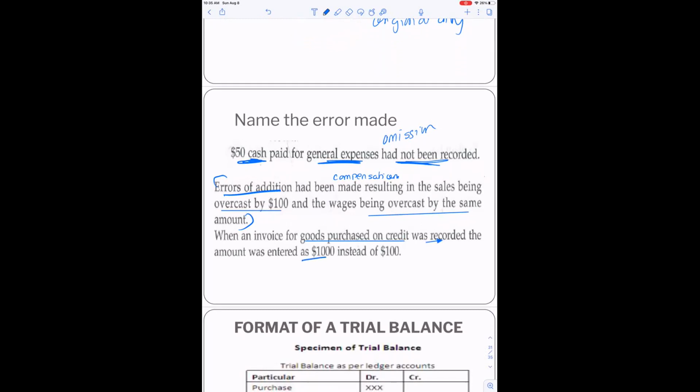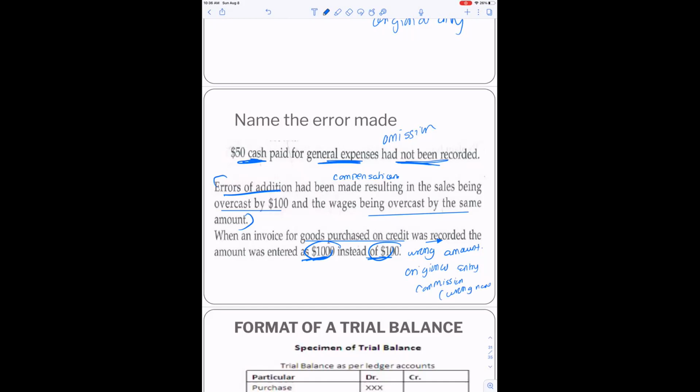Amount was entered as 1000 instead of 100. Wrong amount. Tell me what error? Error of original entry. Wrong name, commission. Wrong amount, error of original entry. Okay.